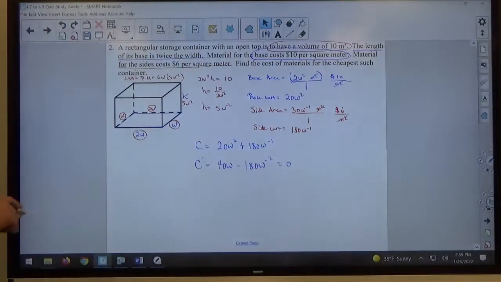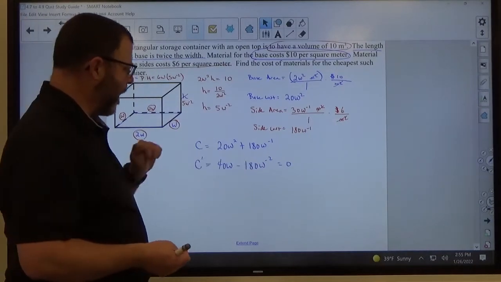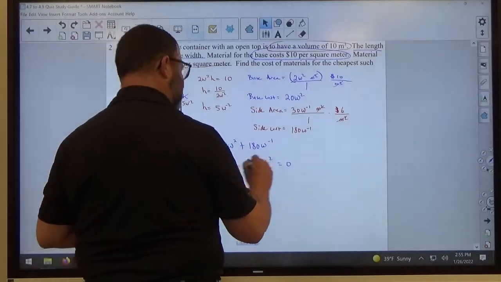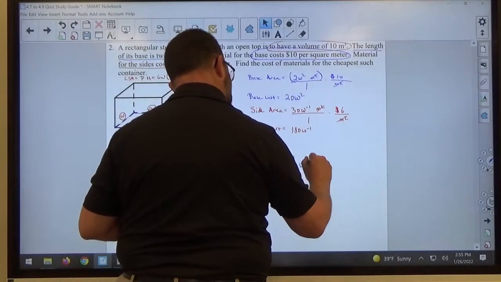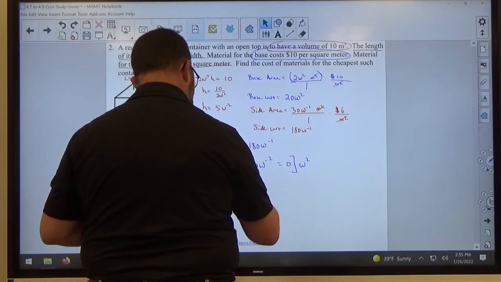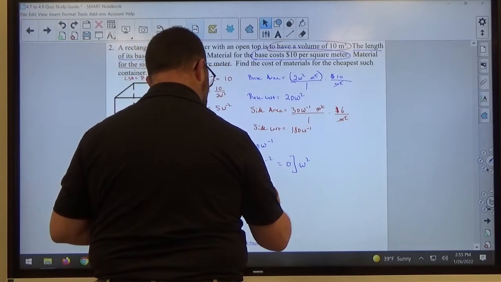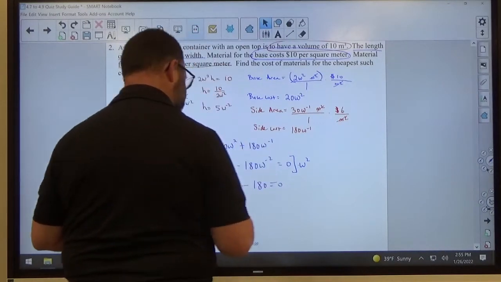Again, for the sake of critical numbers, it's undefined at 0, but 0 doesn't count. It's got to be bigger than 0, and then obviously anything that sets it equal to 0. Once again, since W can't be 0, multiplied by W squared is legal. So 40W cubed minus 180 is equal to 0.